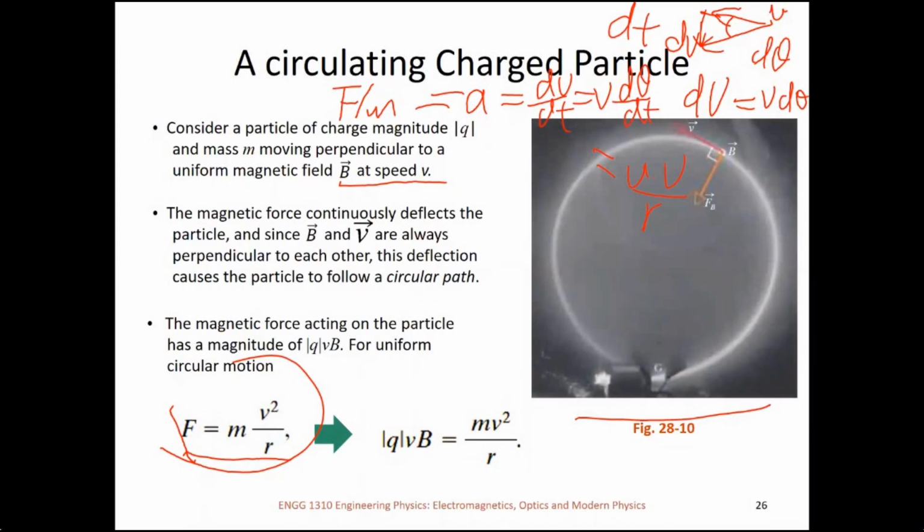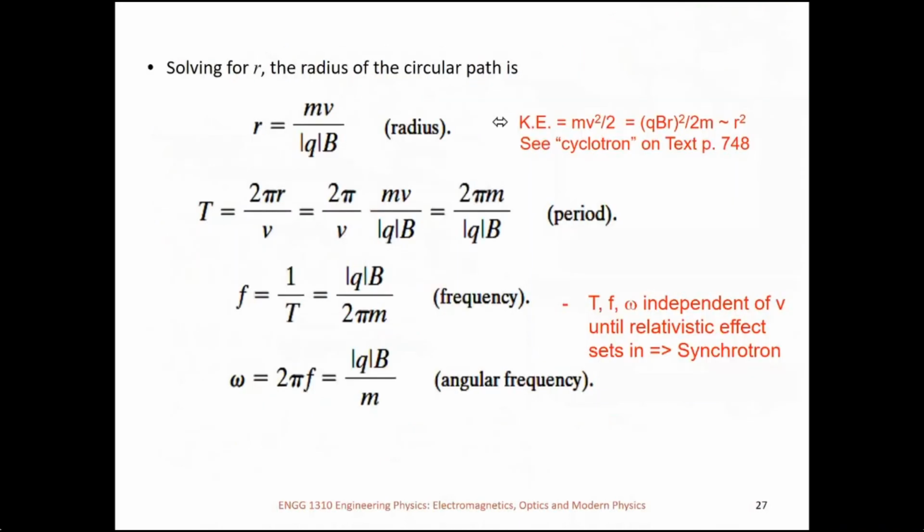Now we can actually solve for r, because that's what we want to look at. We can solve for r, which equals mv over qB. mv is just the momentum, right? We can also estimate how much kinetic energy such a circularly moving particle has.